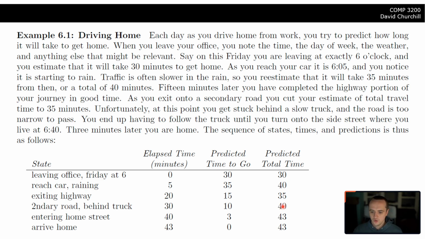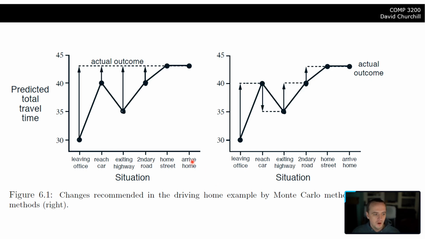Okay, so here's the difference between Monte Carlo methods and temporal difference methods. If we had used Monte Carlo methods, what we would have done is on the left here. We would have driven the entire way home and said, okay, it took 43 minutes.